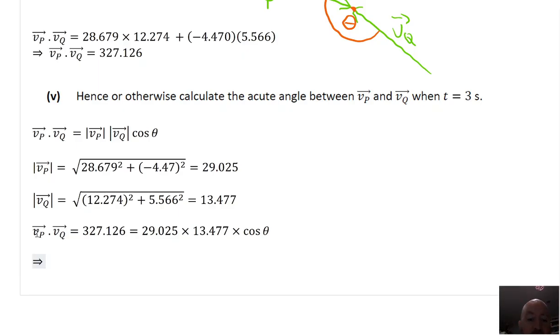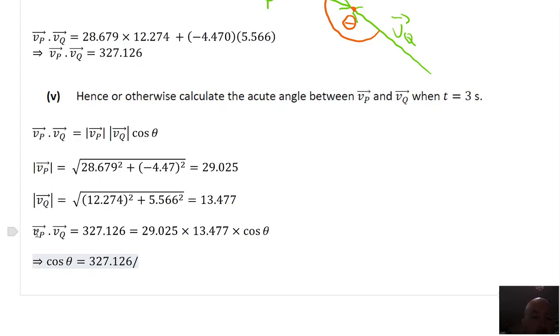What this means then is that cos theta is 327.126 divided by that 29.025 by 13.477.